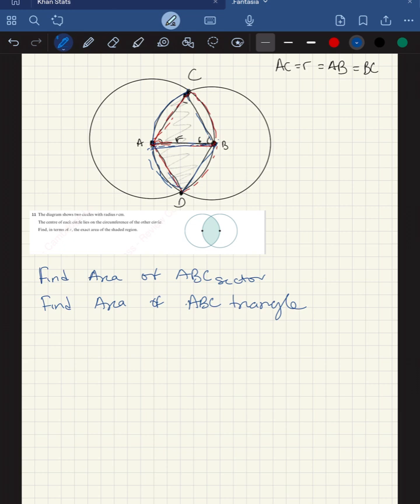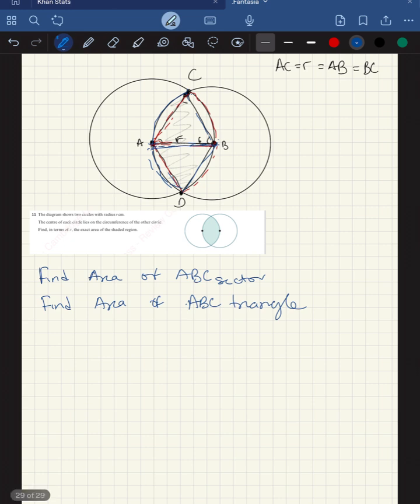Once we found the area of the sector, I want us to see that all the sectors have the same area, same angle between them and the same length.